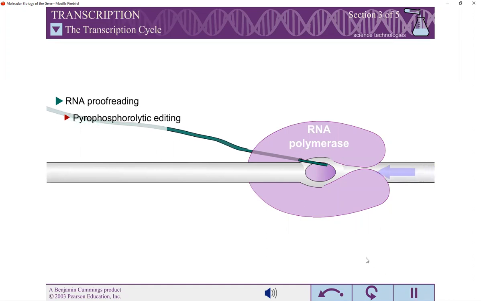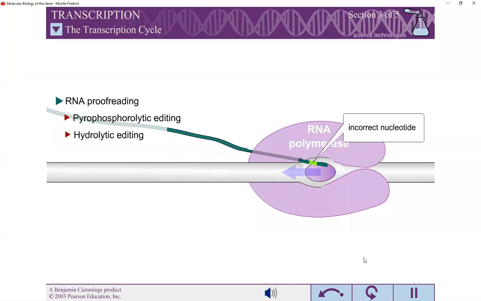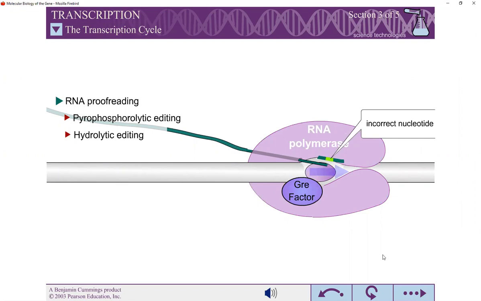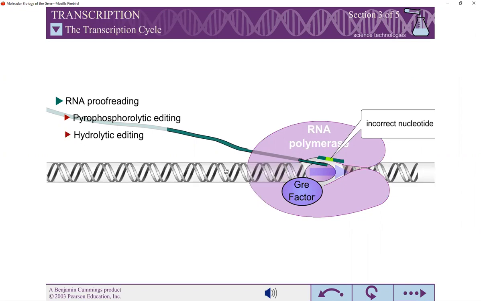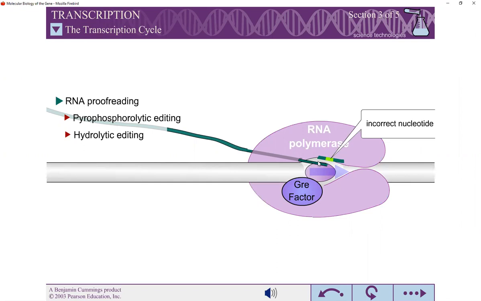The second mechanism is called hydrolytic editing and involves backtracking of the polymerase by one or more nucleotides to cleave the RNA product. Now, what do you mean by backtracking? In backtracking, the RNA polymerase moves back. It was moving in one direction, it moves back, uses a factor called Gre factor, and then dissociates the incorrectly associated nucleotides.